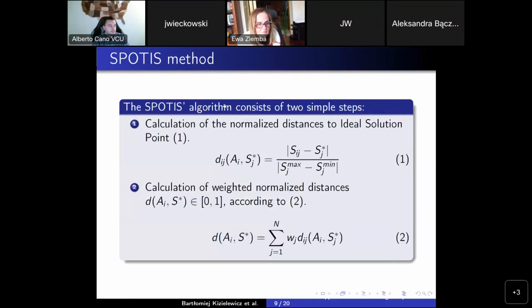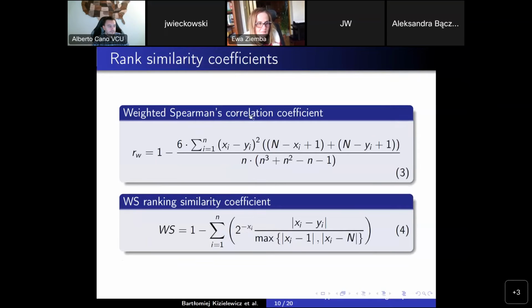About the SPOTIS method, we can see that those 2 formulas are the core of this method, where we use the distance to ideal solution, and then we multiply it by weights determined in the problem. To check the results similarity, as in the previous paper, my colleagues used weighted Spearman correlation coefficient and WS ranking similarity coefficient.